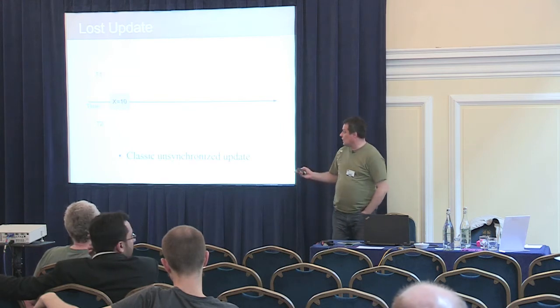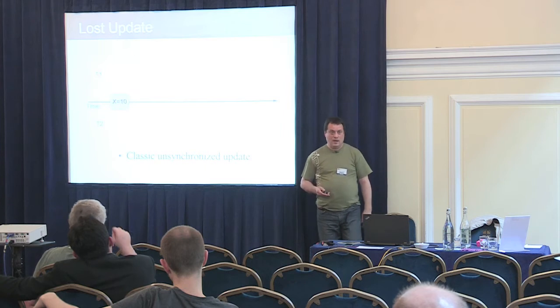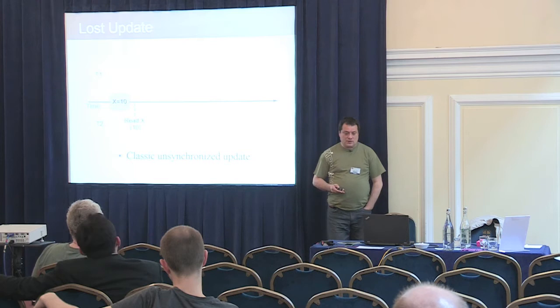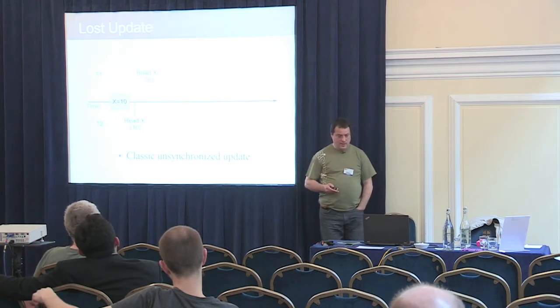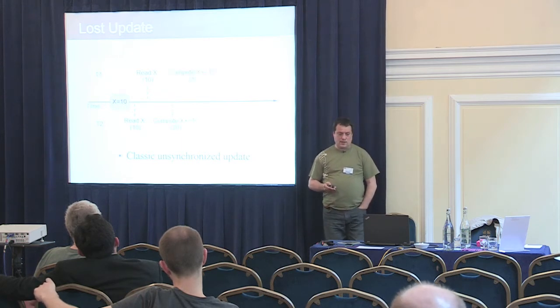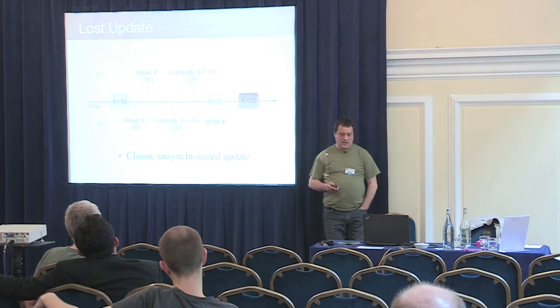We have now these 2 transactions, T1 and T2, and this is the timeline, and we have the initial state, an object, a column of a table if you wish, object X with value equal 10. Now transaction 2 reads this X, and transaction 1 reads this X. Transaction 2 updates this X, and transaction 1 also updates this X. Now transaction 2 writes it, and transaction 1 also writes it.